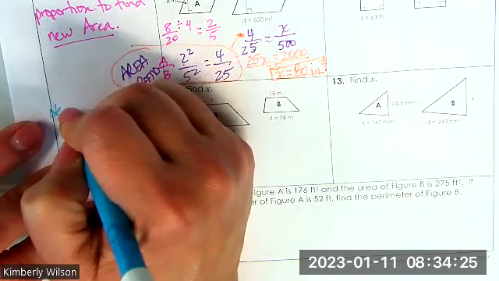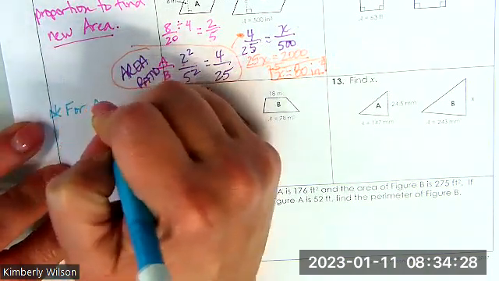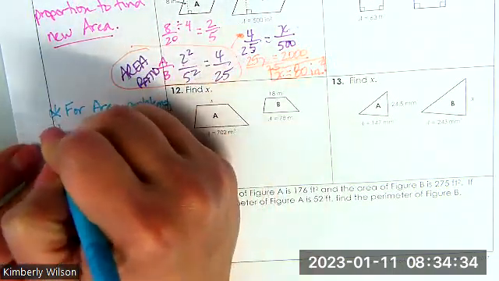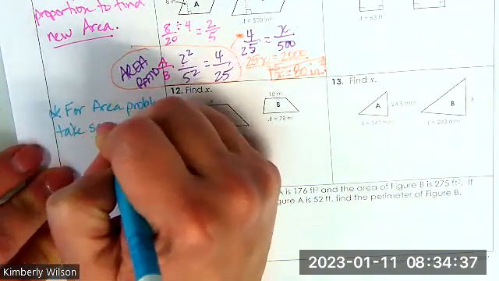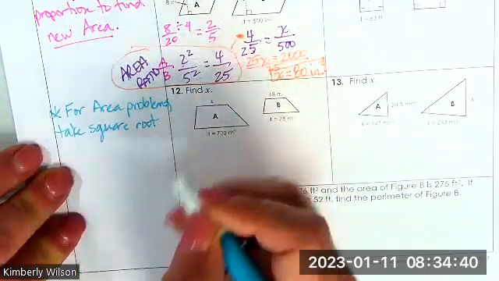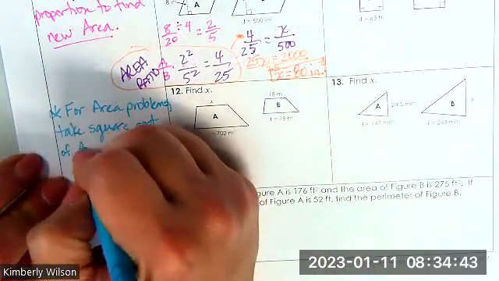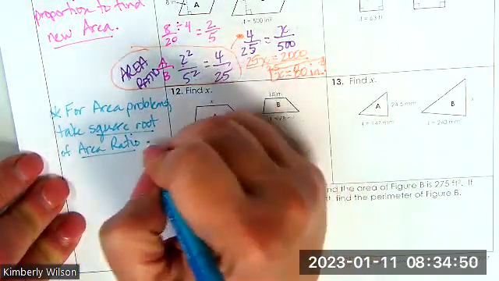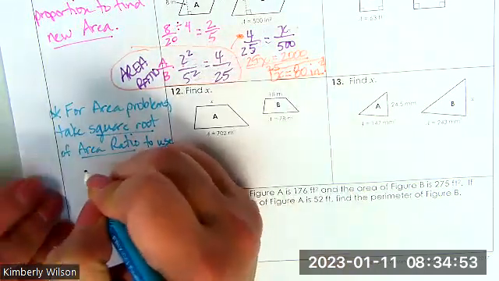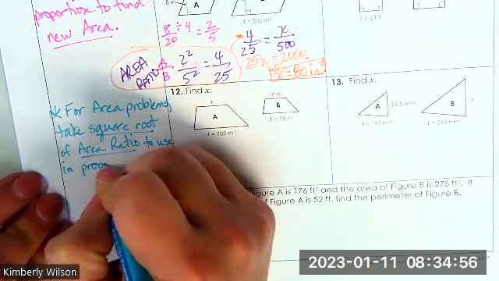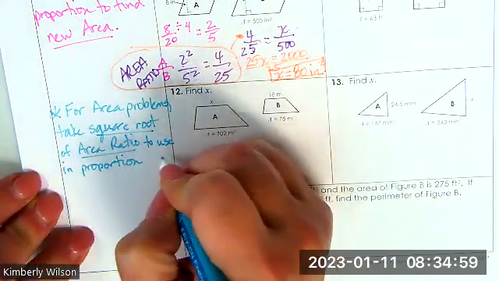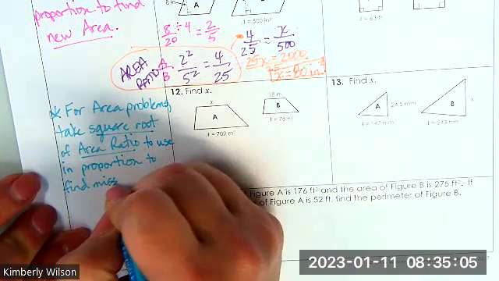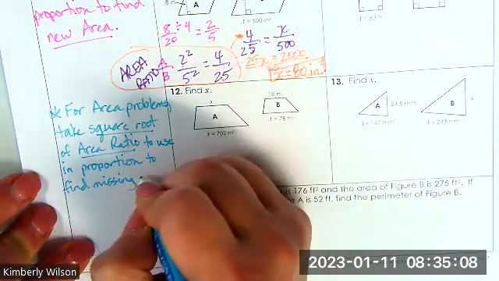So for this one, for area problems, take square root, kind of working backwards at the beginning here, of area ratio, square root of area ratio, to use in proportion to find missing dimension or missing side.